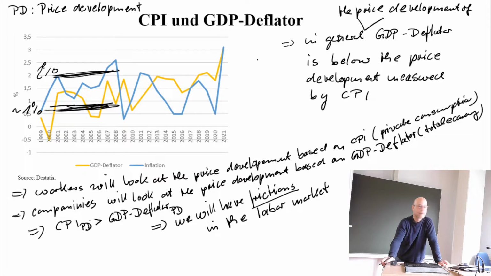Okay? Is there any reason why the private consumption is in general higher than CPI?